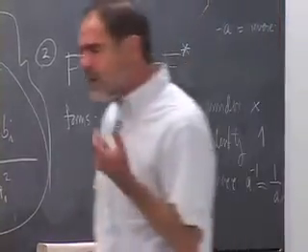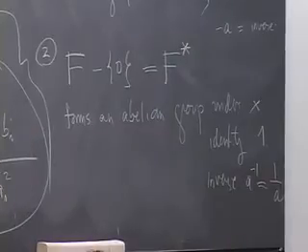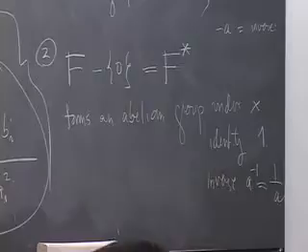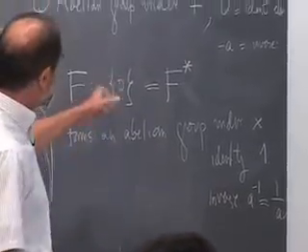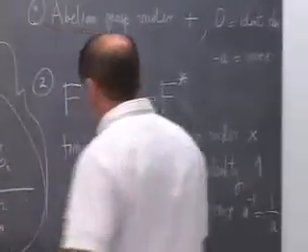So you have to have two abelian groups to get yourself a field: an addition group, which is easy, and then the multiplication group, which has to work for every non-zero element. In other words, every non-zero element has an inverse. That's critical.